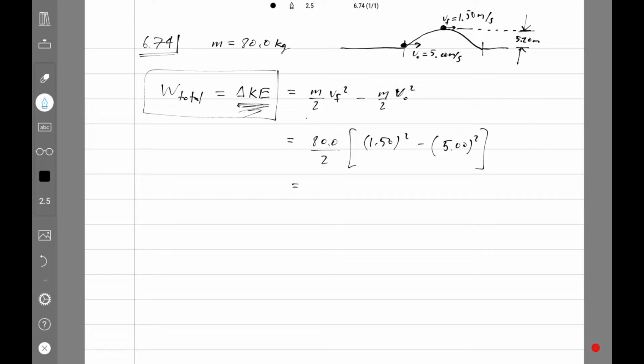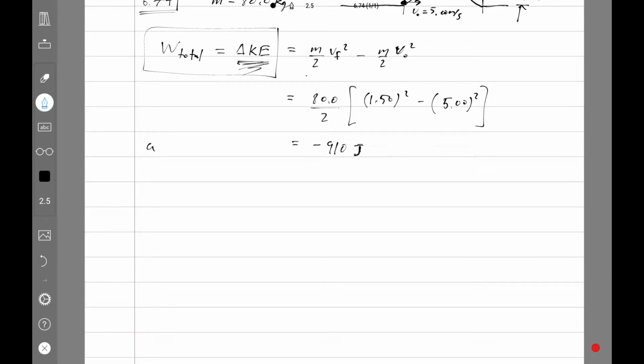So that is negative 910 joules. So that is the total work done on me and my bicycle when I go from the base to the top of the bridge. That is the answer to part A.